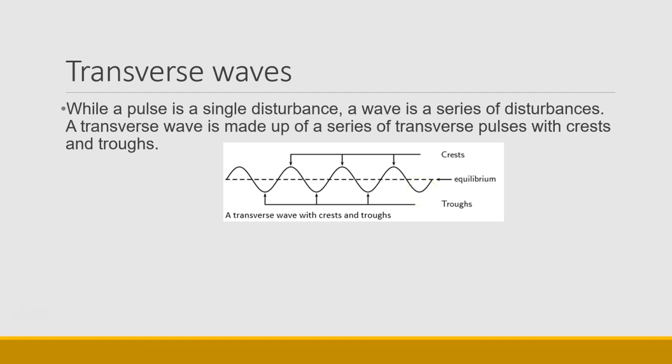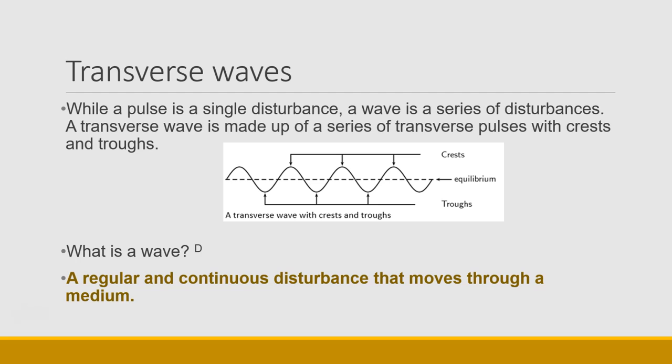Now, in reality, waves do lose energy, so their shape will change and their amplitude will reduce with time. However, in all our examples, we are going to assume that the wave loses no energy.